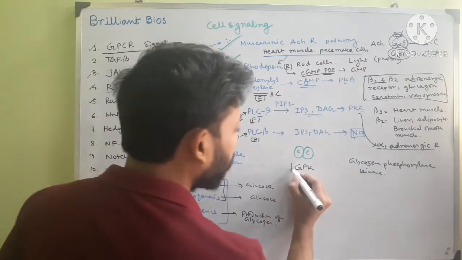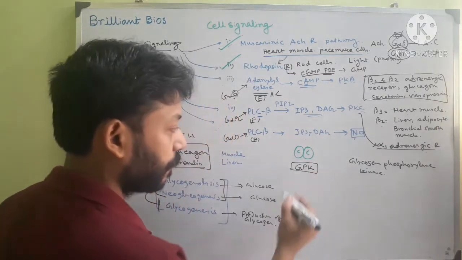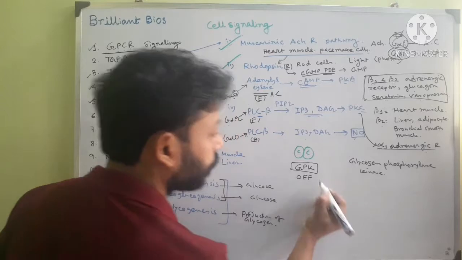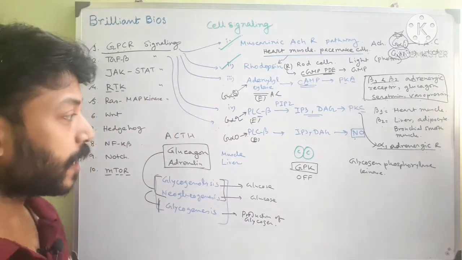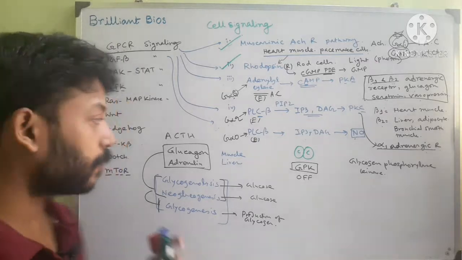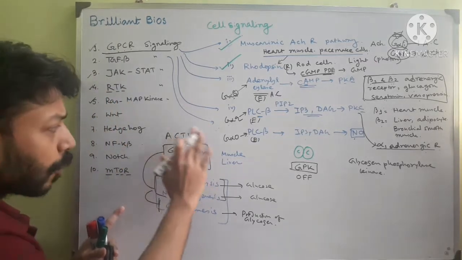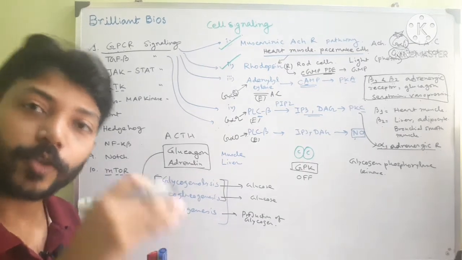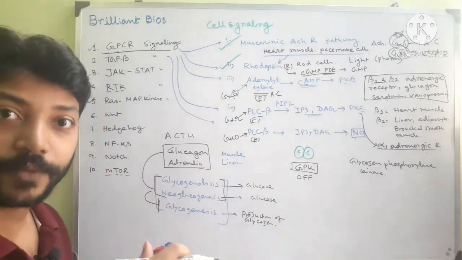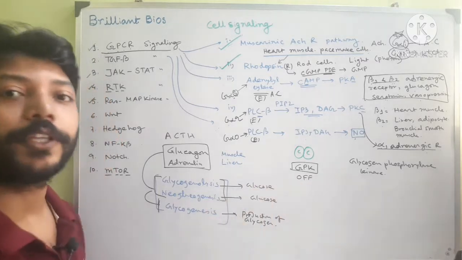This is inactive, or I can say off, in conditions when there is less amount of this hormone. When the hormone is less, then the cAMP level is also low. When cAMP level is low, this enzyme is in off state.